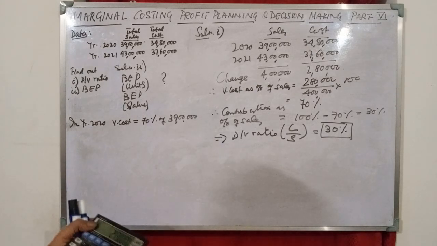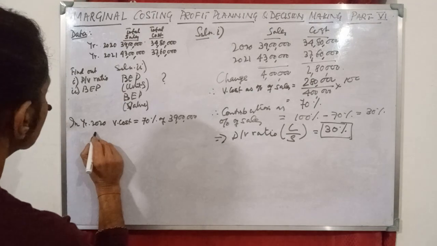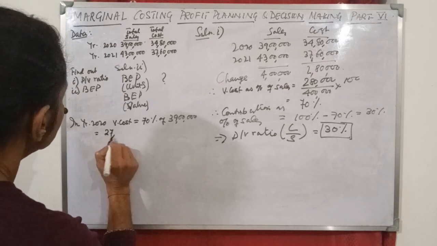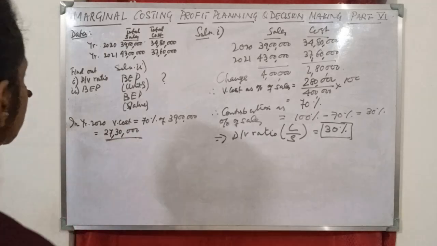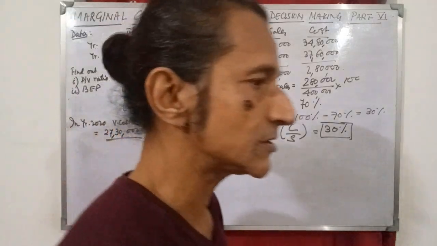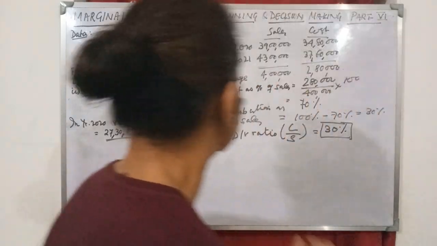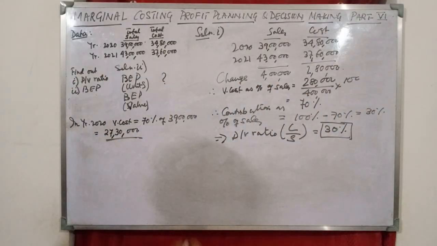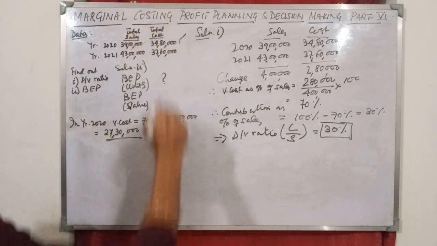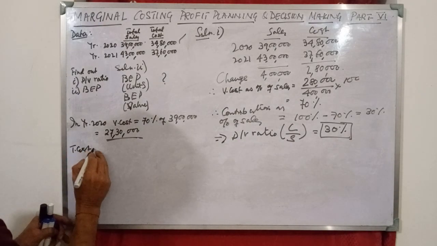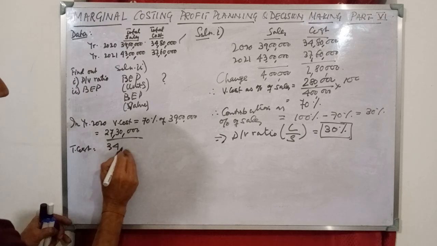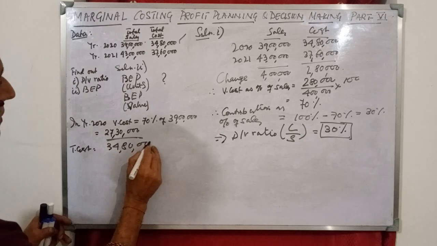So we get 27,30,000. This is the total variable cost in year 2020. And the total cost is given as 34,80,000.